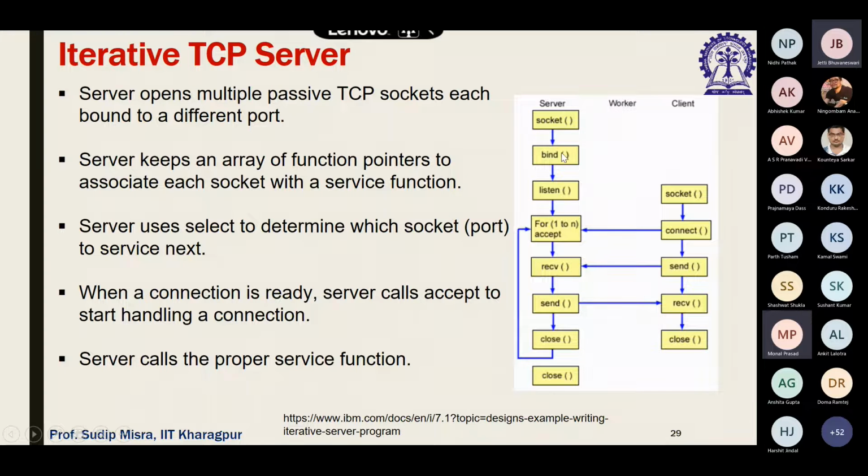Then the server keeps an array of function pointers to associate each socket with a service function, right? Then the server uses select to determine which socket or port to service next. And when a connection is ready, the server calls accept to start handling a connection.